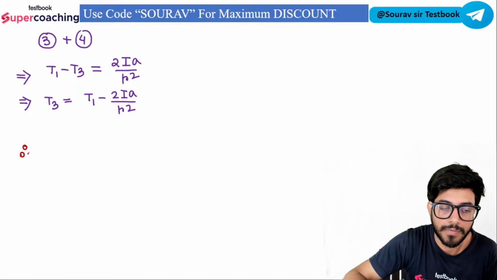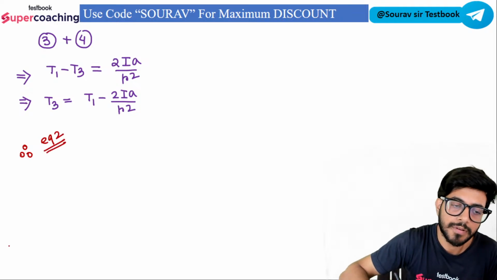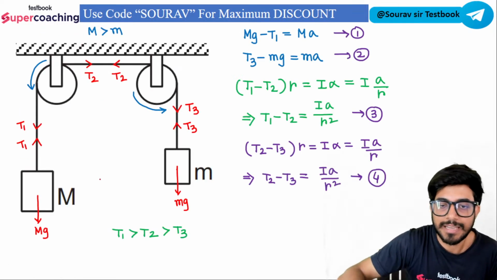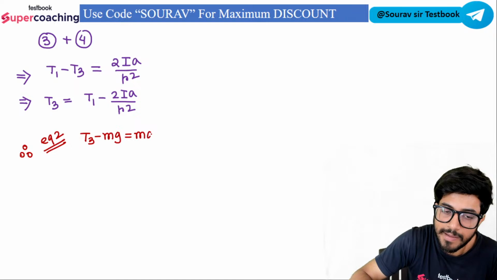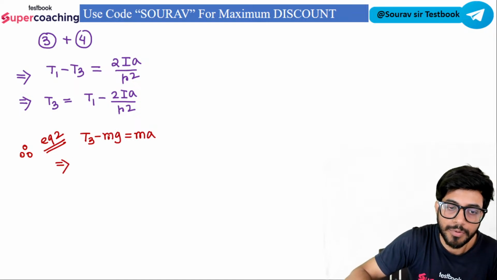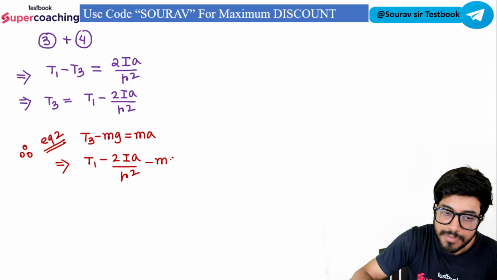Therefore, equation 2 says T3 minus mg is equal to ma. So put T3 as T1 minus 2IA divided by r square, minus mg is equal to ma.